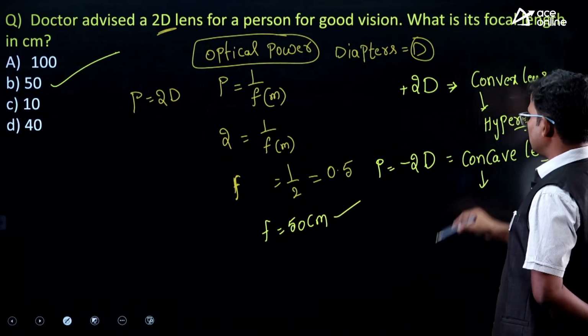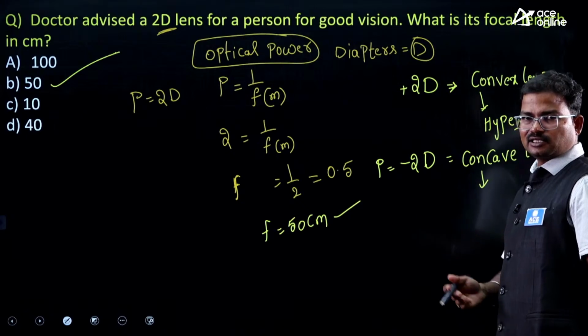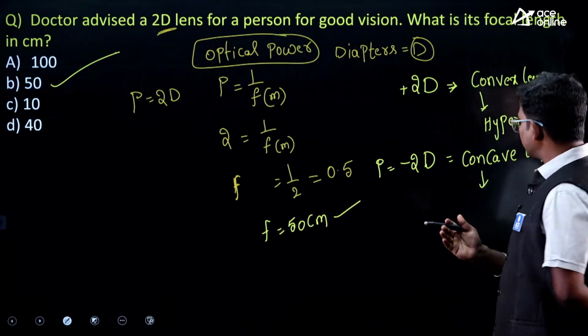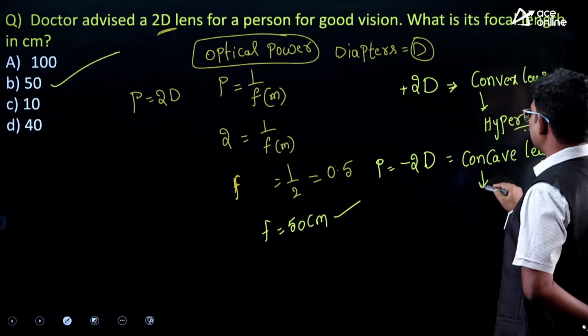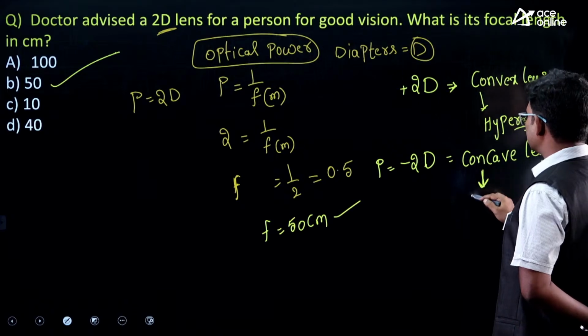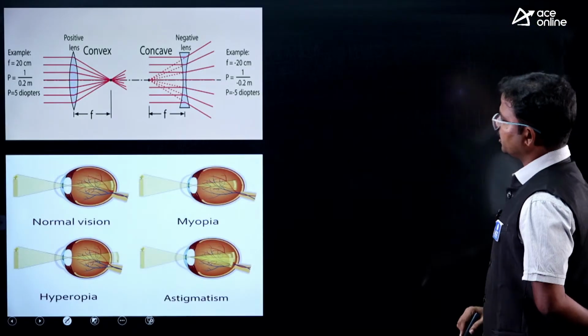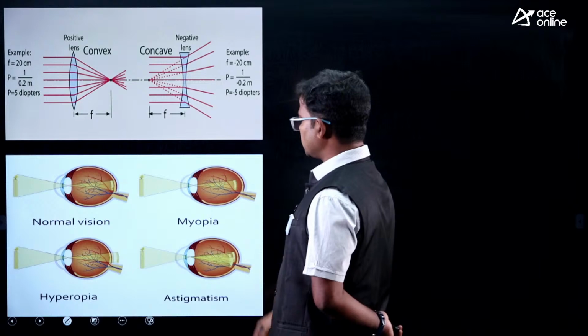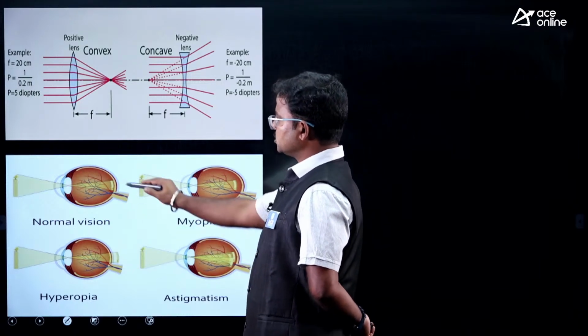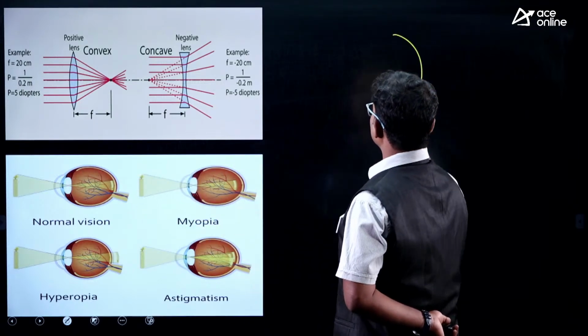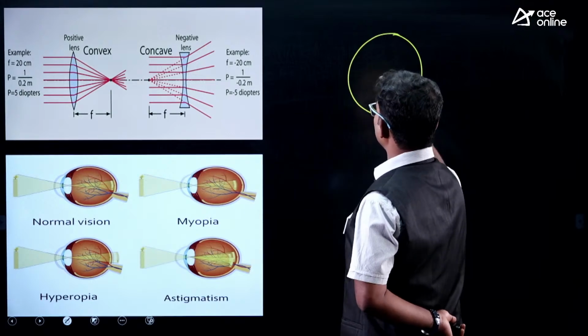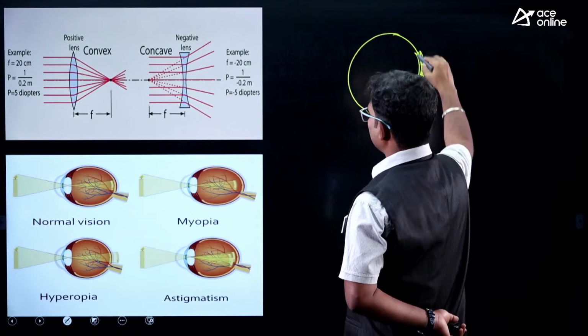Concave lens is majorly used to reduce myopia. Here it is, myopia. Next one, hypermetropia. So this is the normal vision. Let's consider this is the eyeball, and here it is the retina.